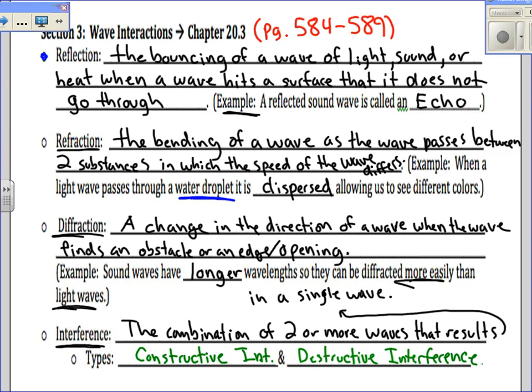And I'm sure you've heard of interference before, with regards to sound waves or maybe radio waves. Now, destructive interference is when the crest of one wave overlaps with the trough of another, and it has a smaller amplitude. The energy of the wave will then decrease.